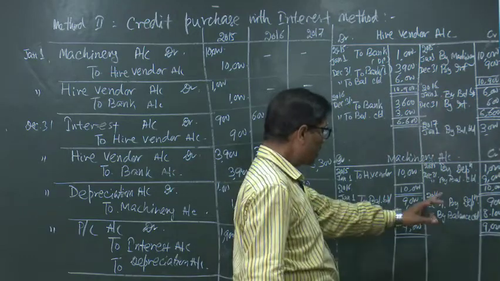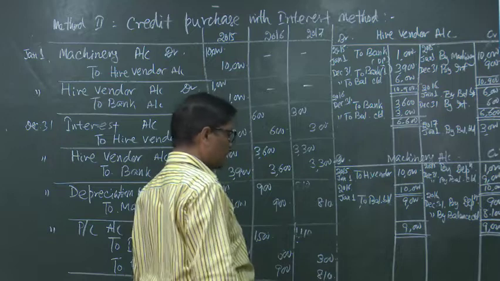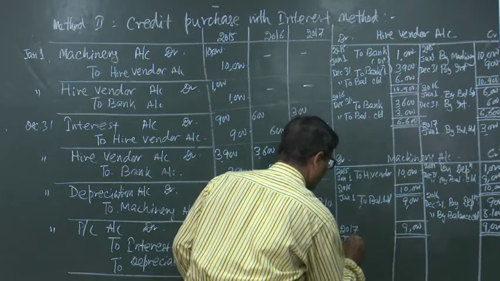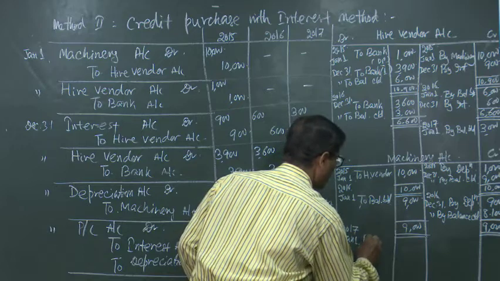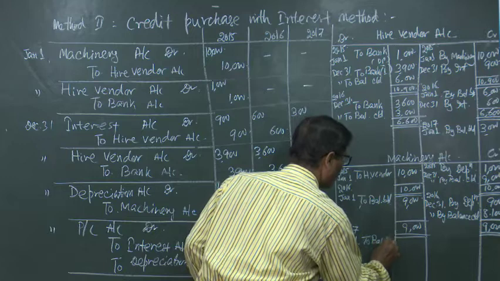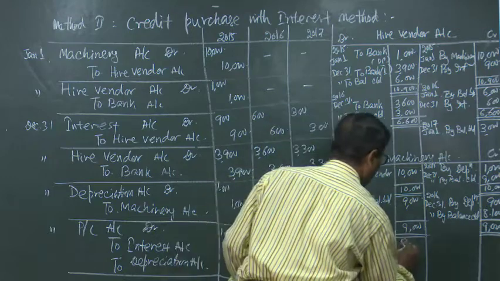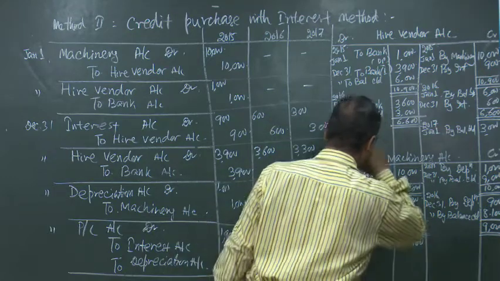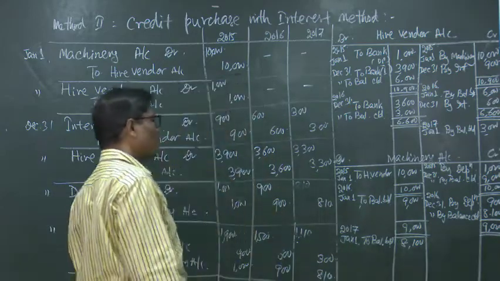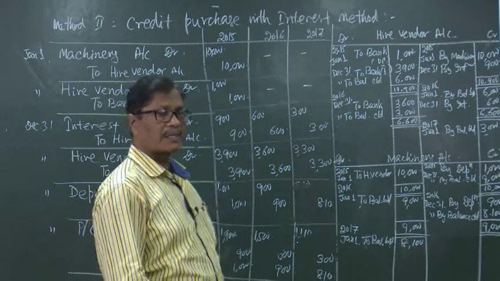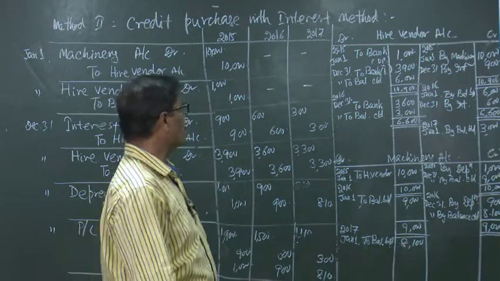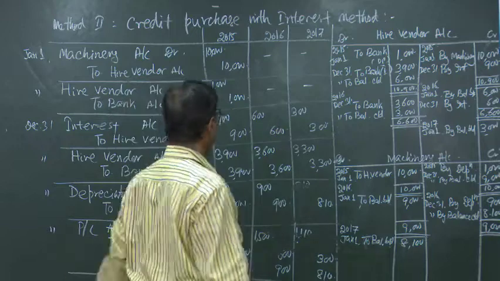If it is by balance carried down on December 31st 2016, in 2017 January 1st it will be brought forward as to balance brought down 8100. This is all regarding the hire vendor account and machinery account so far as the second year, that is 2016, is concerned. Now, come to 2017, these postings.